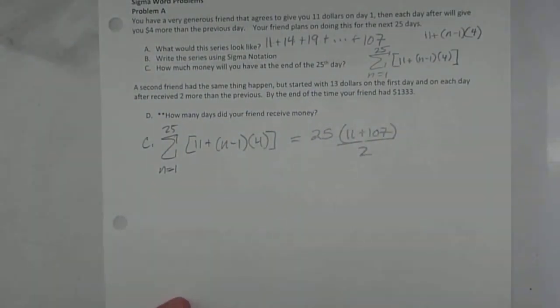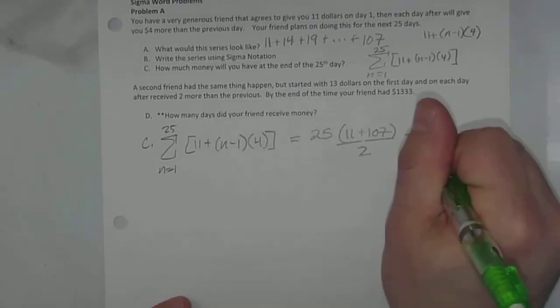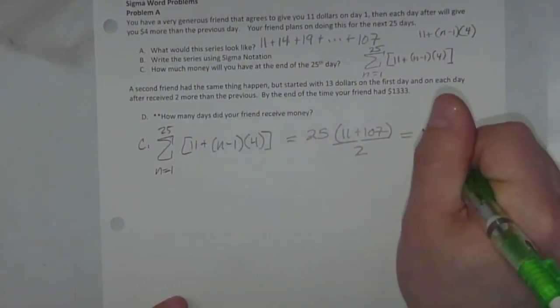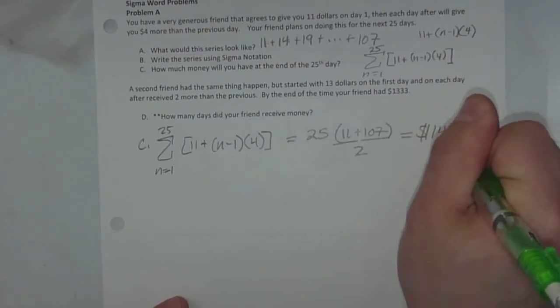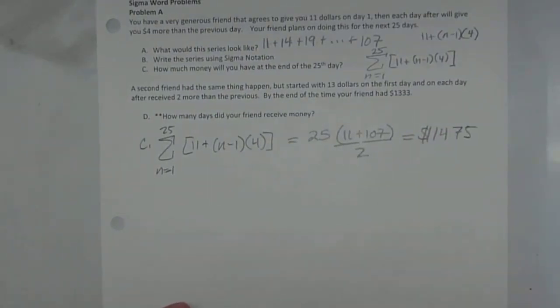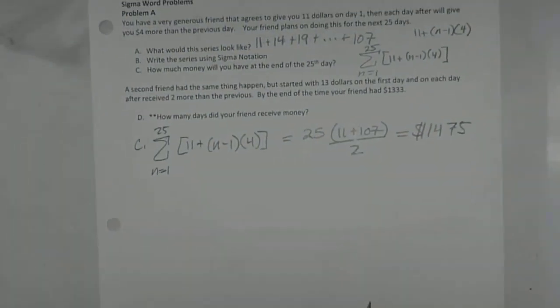So again, it's the number of terms times the average of the first and last terms. Plug that into a calculator, and you should get $1,475.